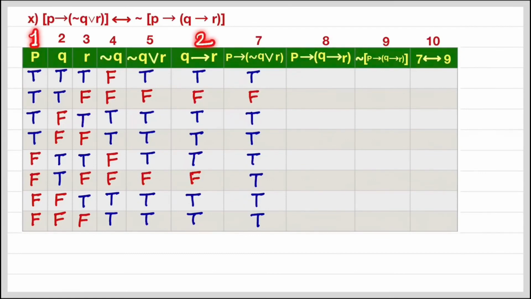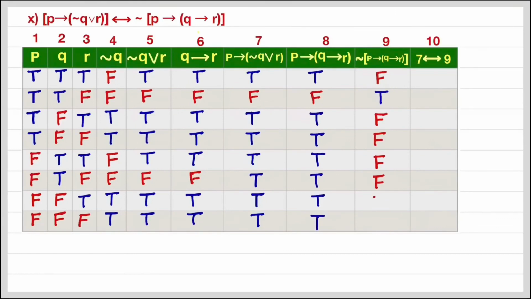Now P implies Q implies R. Here P is the first statement and Q implies R is the second statement. Here also the 2nd entry is false and all other entries are true. Now we have to take the negation of this statement, and we know when a statement is true, its negation is false, and when a statement is false, its negation is true. So only the 2nd entry is true and all other entries are false.